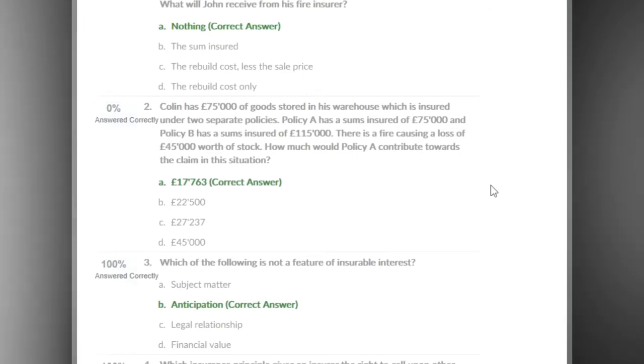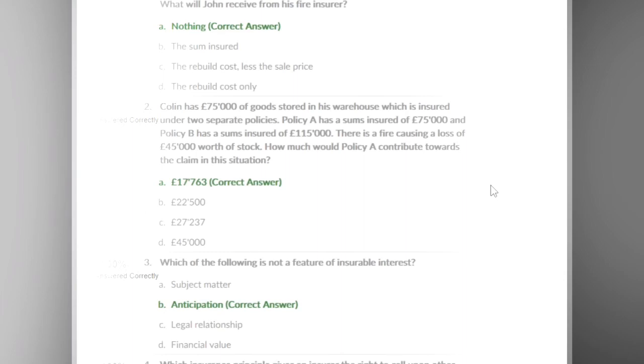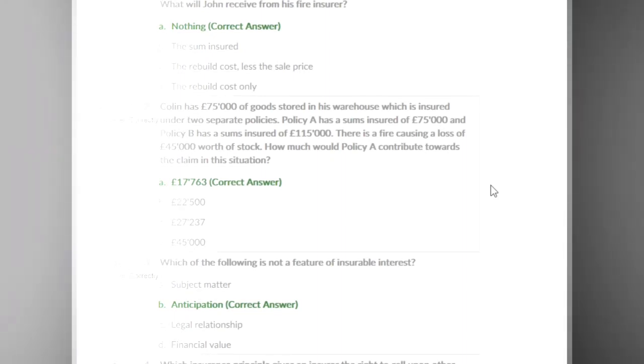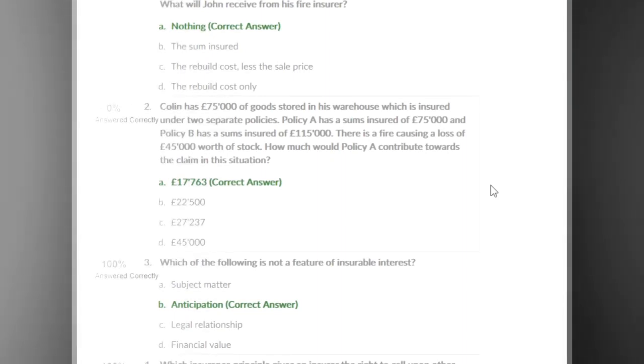What figure did you put at the bottom to work it out? I put the value of the goods, 75,000. Right, okay, that makes sense. In that scenario, because they've got the right amount of insurance, the figure we put at the bottom is the total sum insured. So you end up with 75,000 divided by 190 and then multiplied by 45. Yes, makes sense. Fantastic.